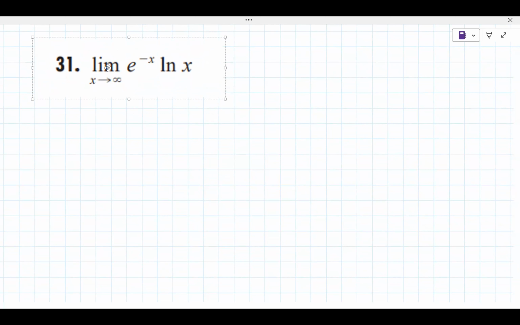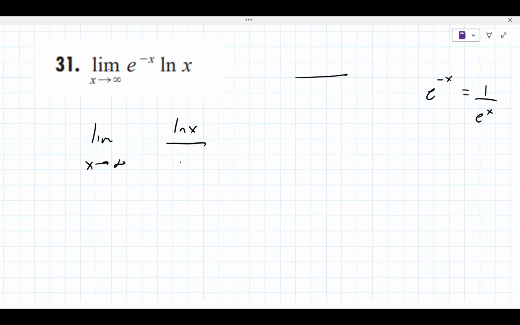So I would call it non-obvious, but your goal should generally be to get it as something over something. So I have to bring 1 over e to the negative x, right? Except when you bring it down to the bottom, it becomes positive. So see if you can proceed from here with what to do.